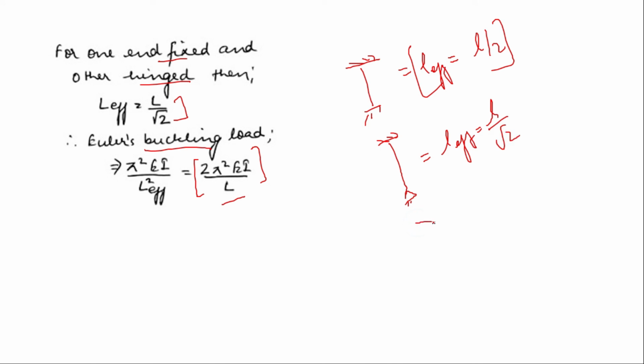When both ends are pinned, L effective is equal to L. And when one end is fixed and the other end is free, L effective becomes twice of L. These are the 4 conditions.